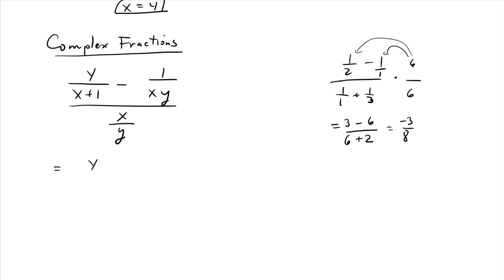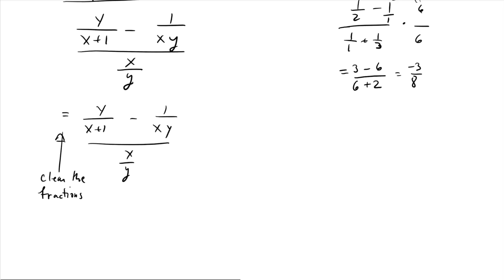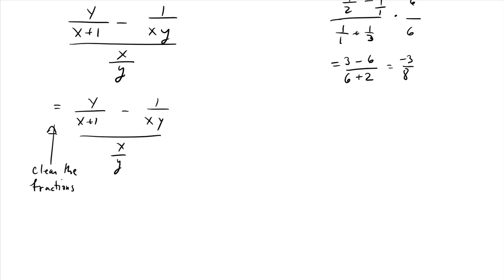I'm going to multiply and divide by the LCD to clear the fractions again. That's a technique similar to what I did for solving rational expressions. So we're going to multiply by the LCD. I need to figure out what the LCD is.